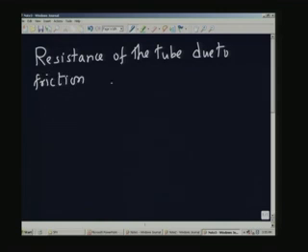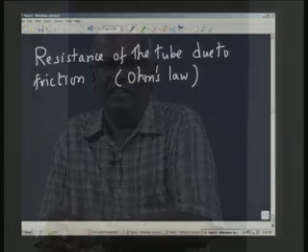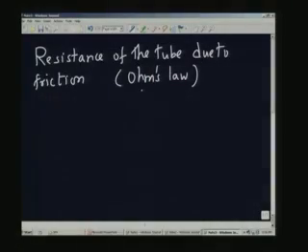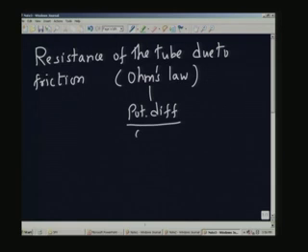The analogy will be with Ohm's law. In electricity, we have Ohm's law. Ohm's law says that the current is potential difference divided by the resistance. So, we will identify the potential difference here with the pressure difference, and instead of the current, I have the mass flow rate. So, resistance is potential difference divided by current.